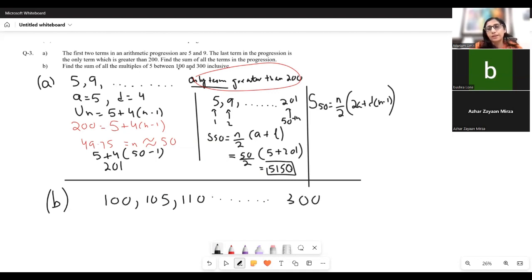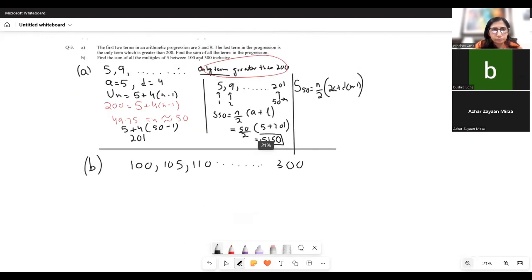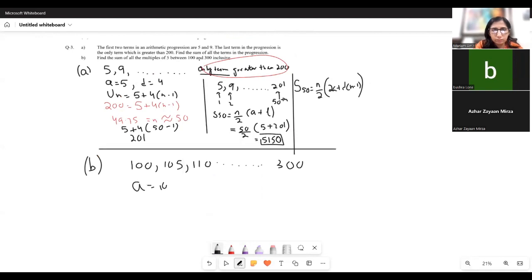So is this an AP or GP? AP. So again, A is 100, D is 5, and we have to find the sum of all these terms. So again, we have to check which term is 300.